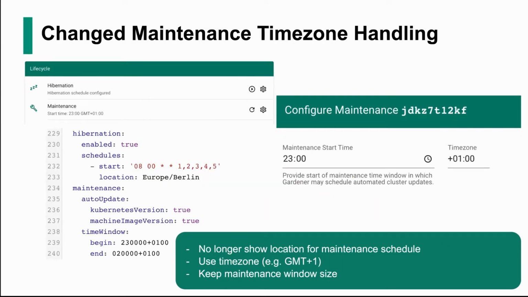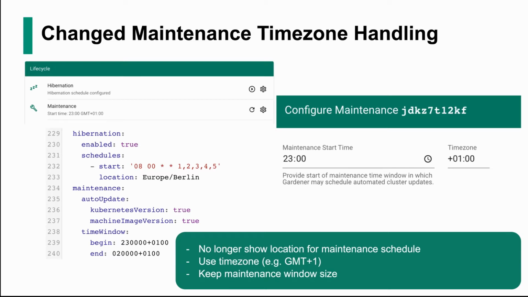So yeah, regarding the maintenance time zone handling, let's call it like this, we did a change here. You see here on the left side of the screen this YAML, and there you can see the hibernation and the maintenance section as it is defined in a Shoot.